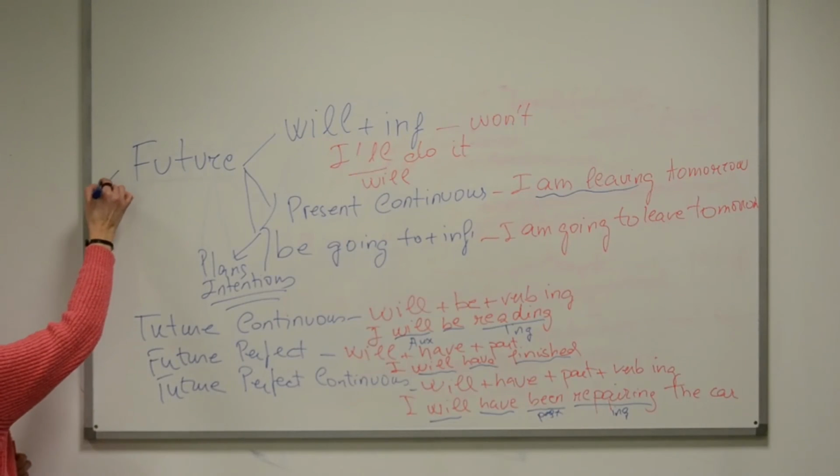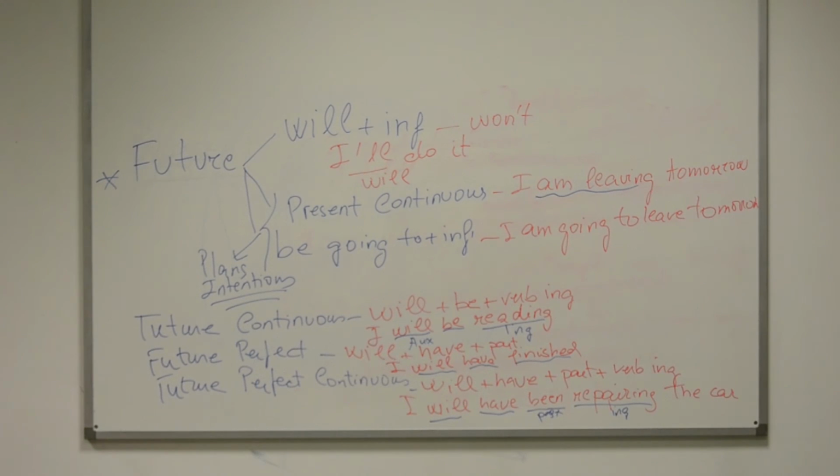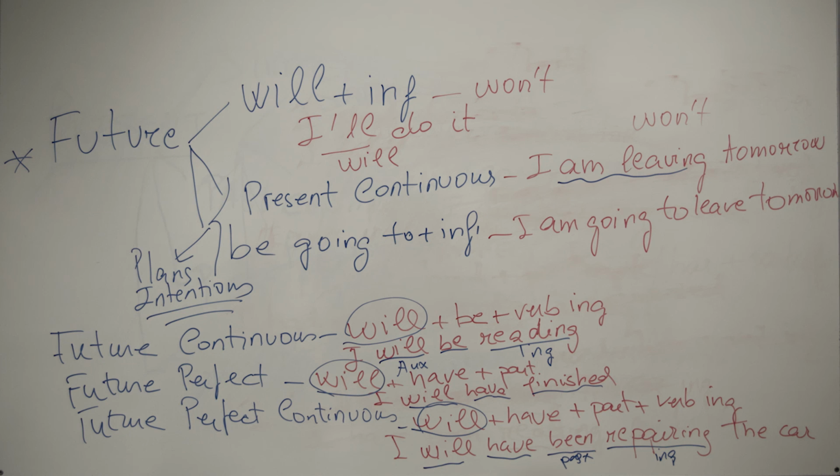But really, the most important elements are these: the future with will, and the future of plans with present continuous and be going to. These are the most important rules to express future in the English language. The others are different ways of combining all these tenses, but always with the auxiliary will.